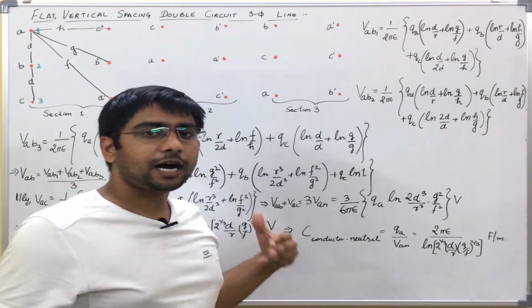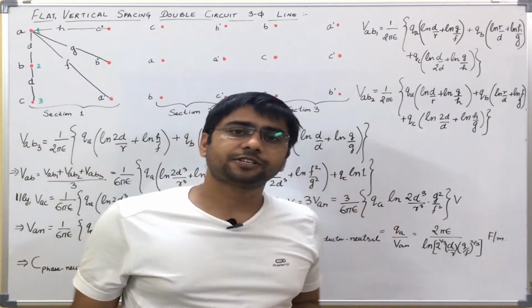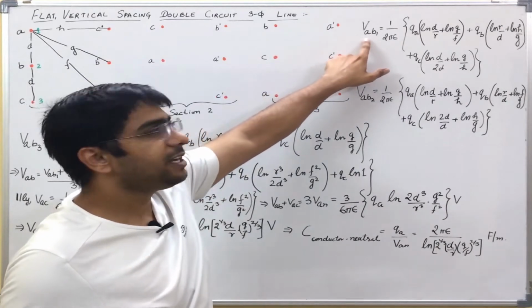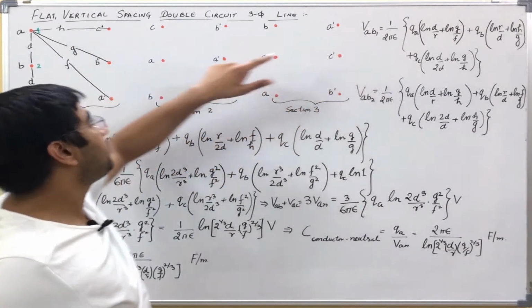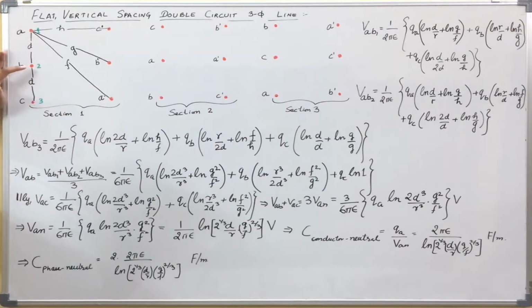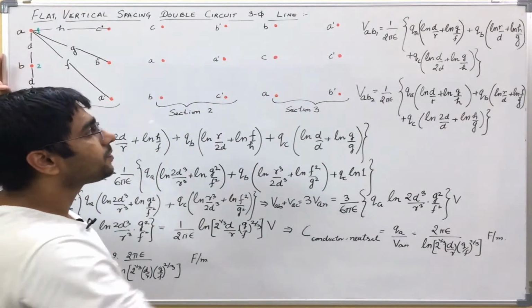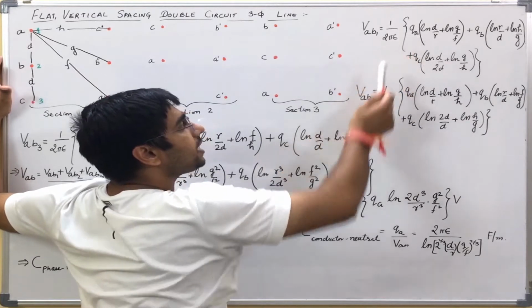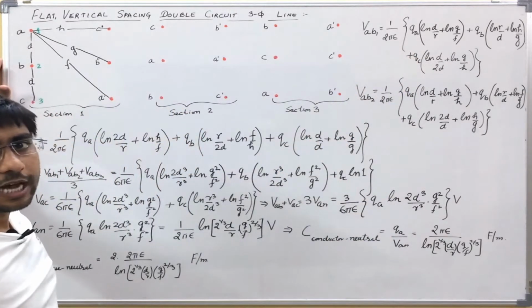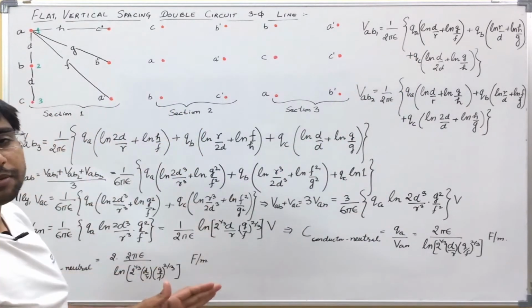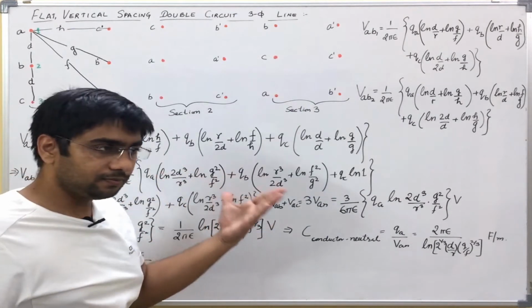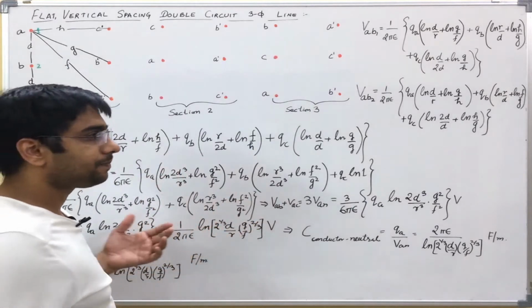Now let's see how to write the expression for the potential difference. In section 1, VAB1, that is the potential difference between A and B, can be written as 1 by 2 pi epsilon QA. Now as I already told, a double circuit line means that the two conductors are carrying similar charge or same current because they are in parallel.